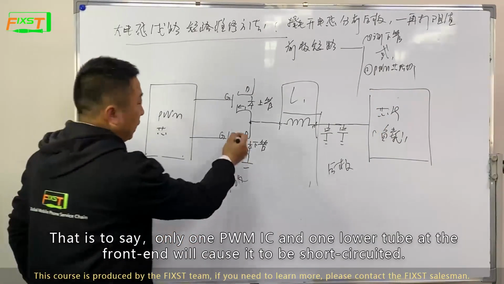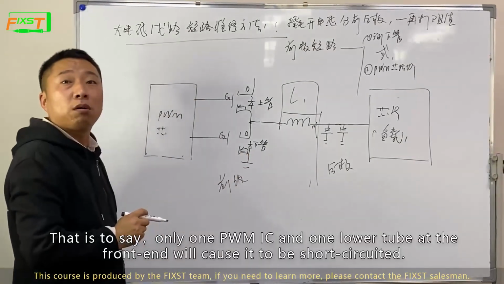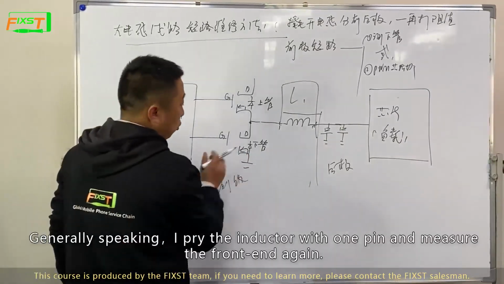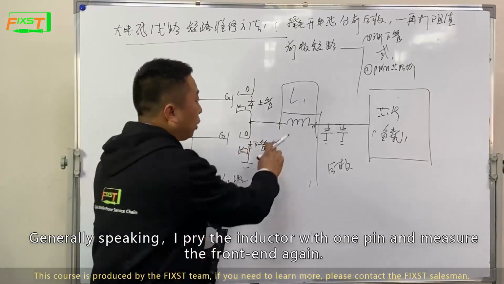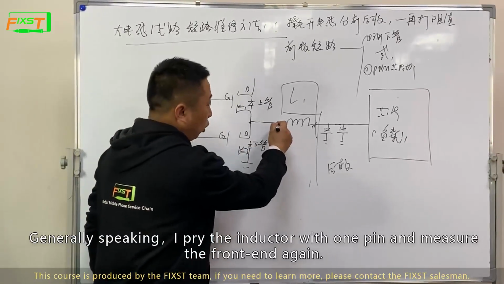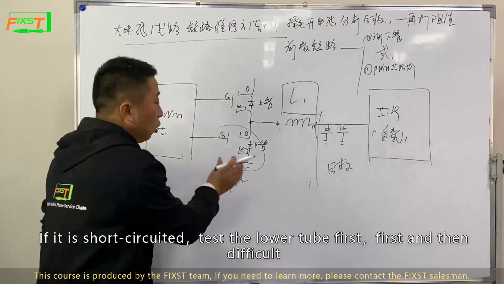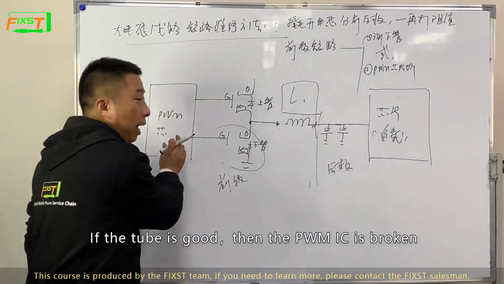That is to say, only one PWM IC and one lower tube at the front end will cause it to be short circuit. Generally speaking, I pry the inductor with one pin and measure the front end again. If it is short circuited, test the lower tube first. If the tube is good, then the PWM IC is broken.